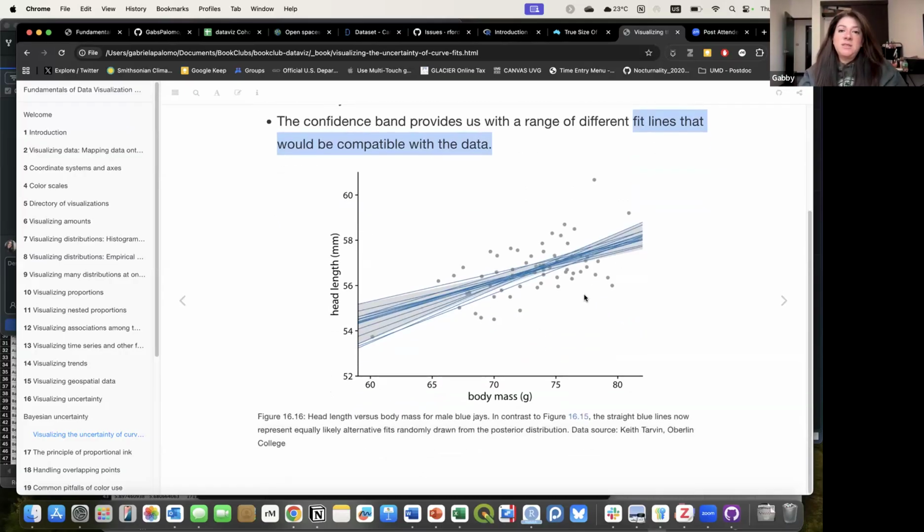So that is essentially what this is showing us, but we don't show it like this. We usually only show the band around the fitted line.